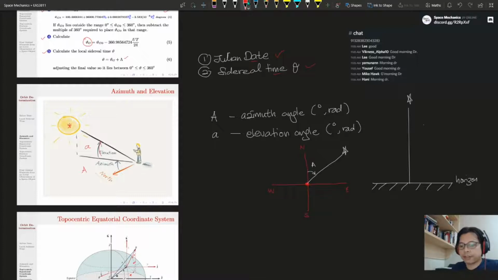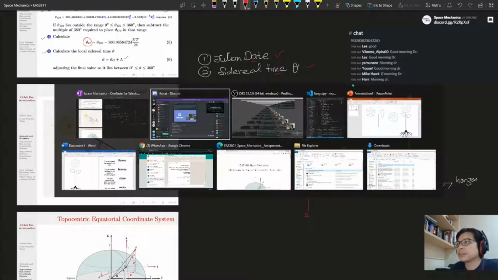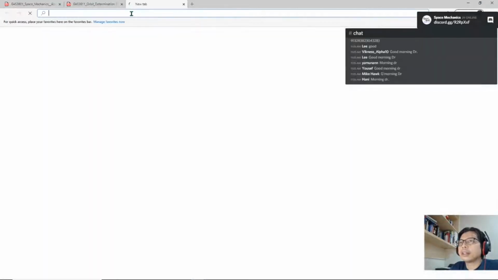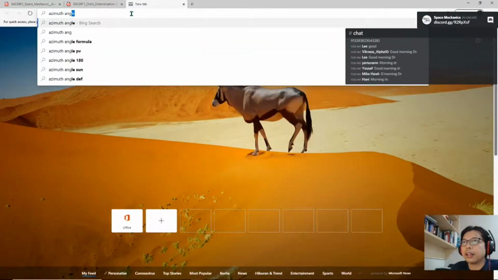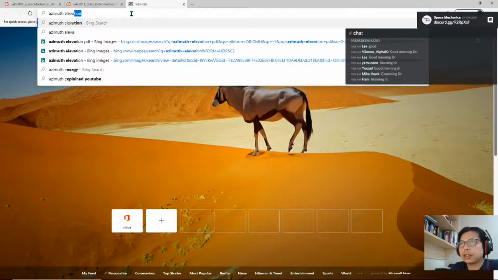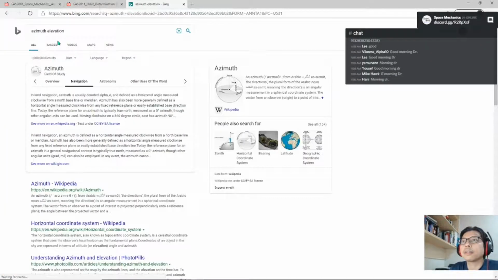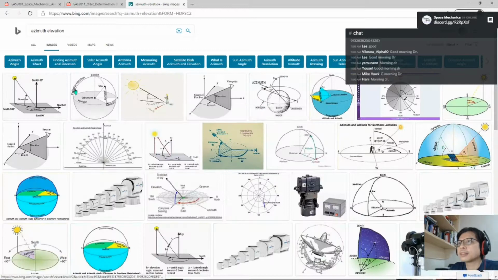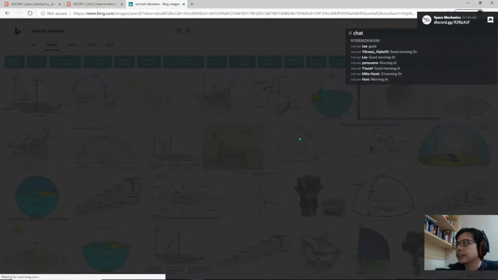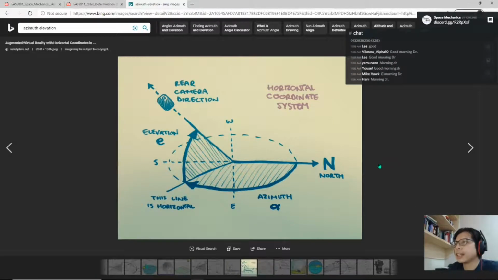Let me see if I can find another picture just to show you here. Azimuth elevation. I think this is more like it. Let's say you're standing in the middle right here. You know where north is, and then you see something in the sky here.